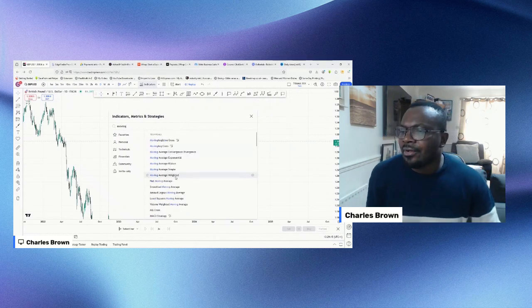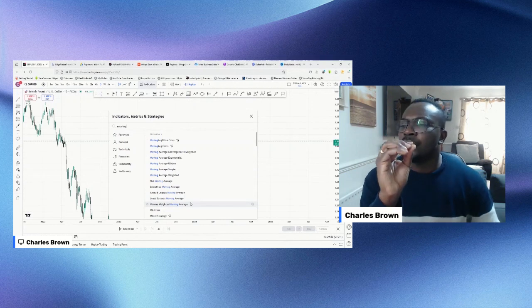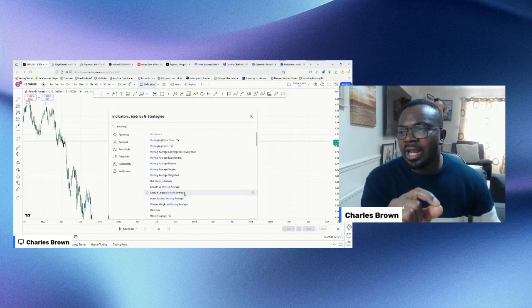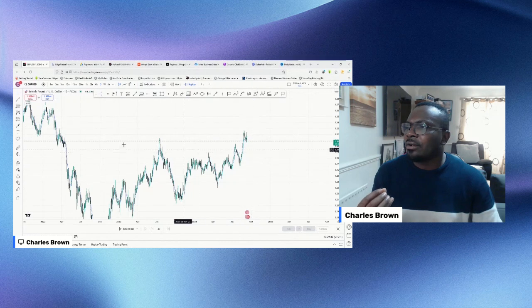Now, there are different types of moving average. There is exponential moving average, which I talked about just now, smoothed moving average, simple moving average, and linear moving average. But I will encourage you to use exponential moving average. So go for moving average exponential, because it's faster, it corresponds to time quicker, and you'll be able to use that to your advantage.